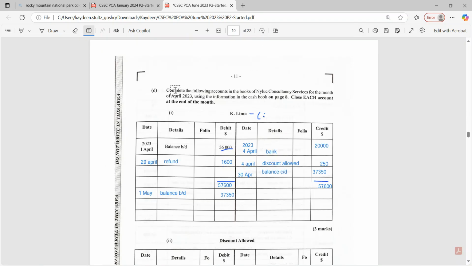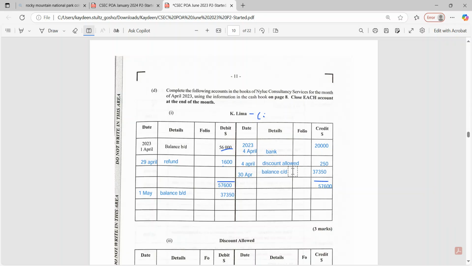All right, so the first thing that you would do is to show that we have a balance BD of $50,000. When she purchased goods from us, she was making a payment to us, so we would credit her account. So we credit bank of $20,000 on the 4th of April.